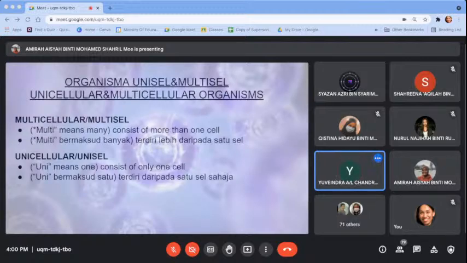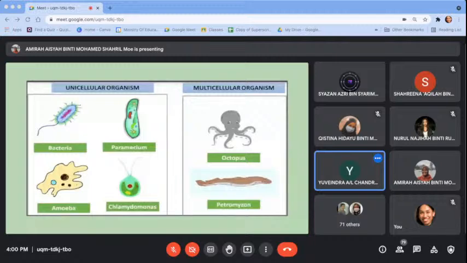Seterusnya unisel yang bermaksud satu, jadi organisma unisel terdiri daripada satu sel saja. Contoh organisma unisel adalah bakteria dan paramecium. Seterusnya contoh organisma multisel adalah seperti octopus dengan petromyzon.